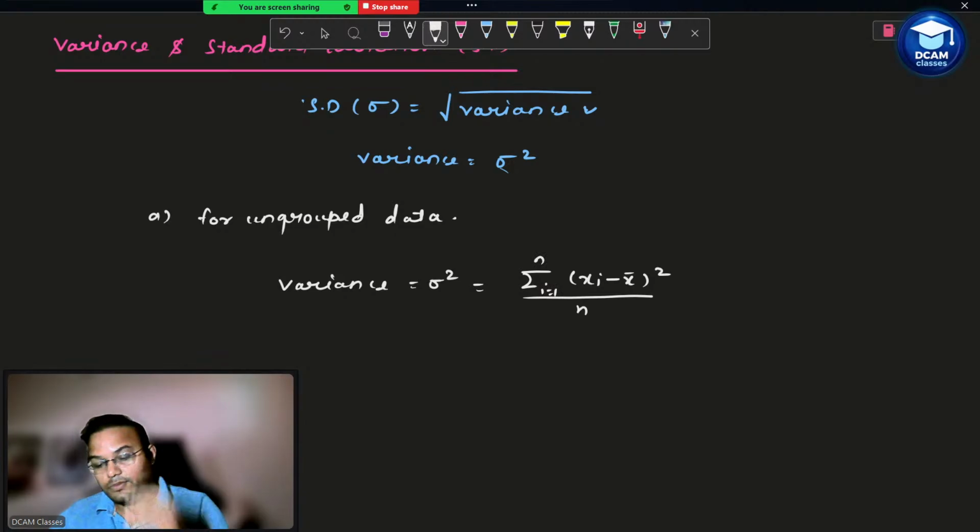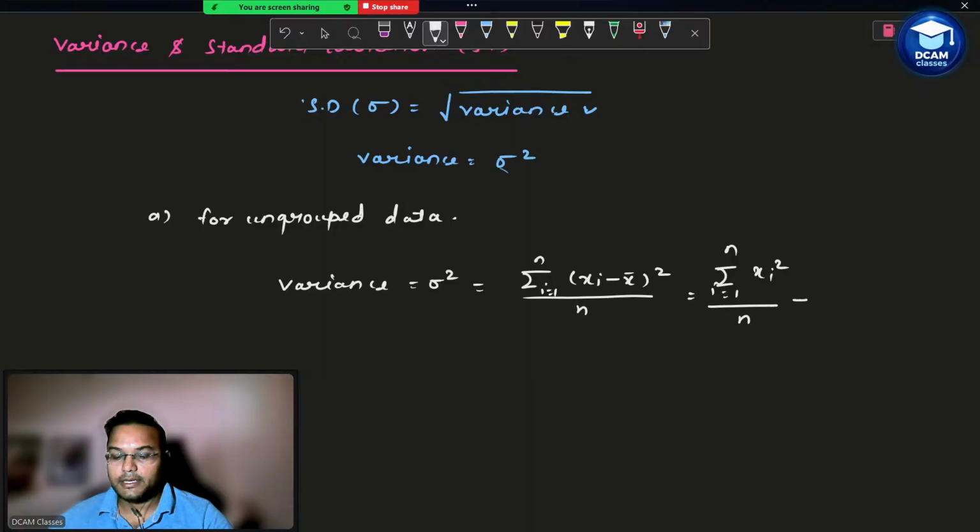But there is one more formula for this. They also write this as sigma i equal to 1 to n of xi square divided by n, minus sigma i equal to 1 to n of xi by n, whole square. Basically, this is x bar whole square.